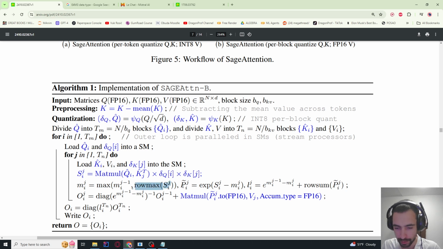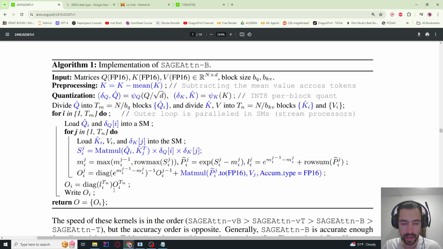I'm not really sure what this means, sorry. And then this is the softmax, and then the rest of this is just the rest of the FlashAttention. And then after we calculate the output, we're gonna combine all of the outputs of all of the parallel executions into the final output for this attention layer.